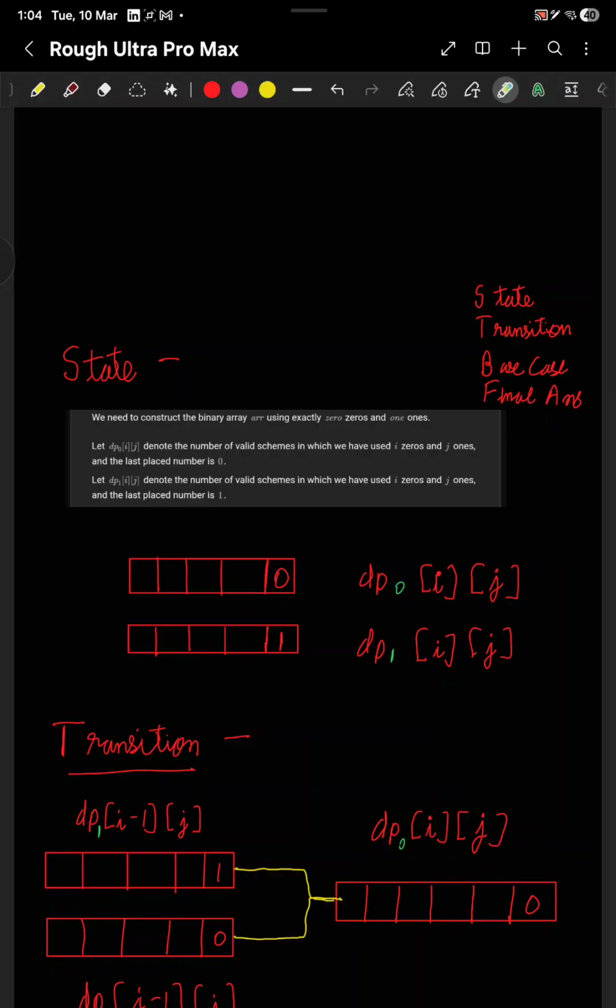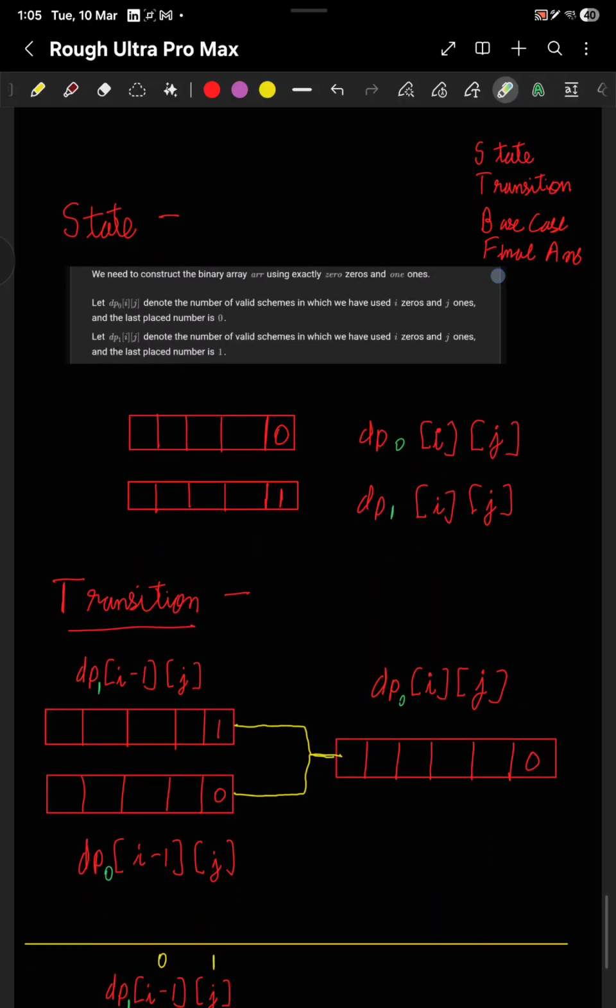Just now we discussed that the valid subarrays are those which have at most limit number of consecutive elements of one type, like limit number of consecutive zeros or limit number of consecutive ones. We cannot have more than this.